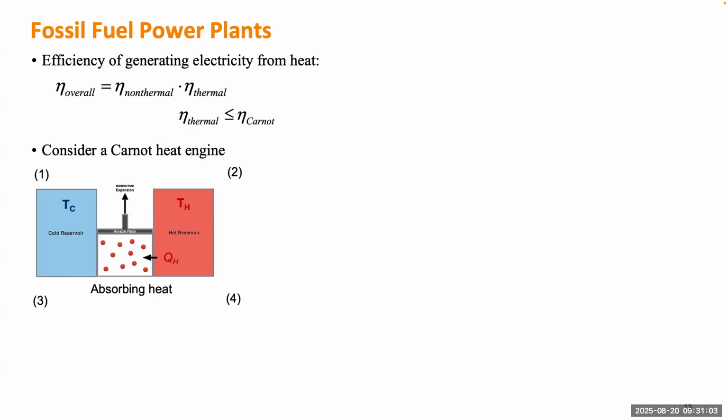Because the heat is coming from the hot reservoir to the tank, that will increase the entropy of the tank and make the air in the tank have more disorder or uncertainty, so it will expand. So the terminology here is called isothermal expansion. Isothermal expansion means the temperature will remain the same, but energy is transmitted to the tank.